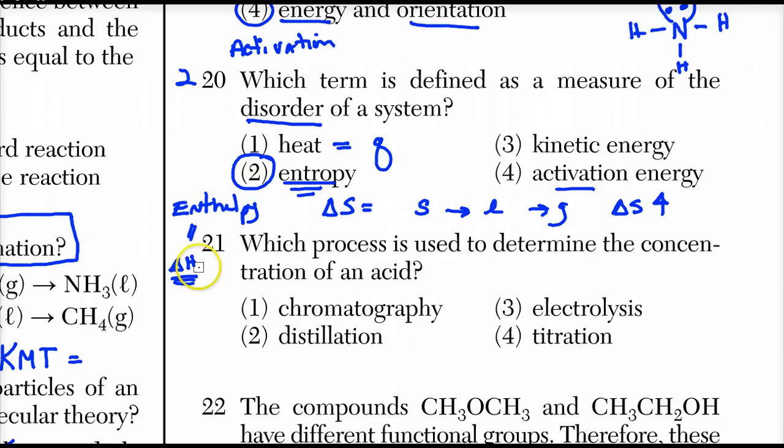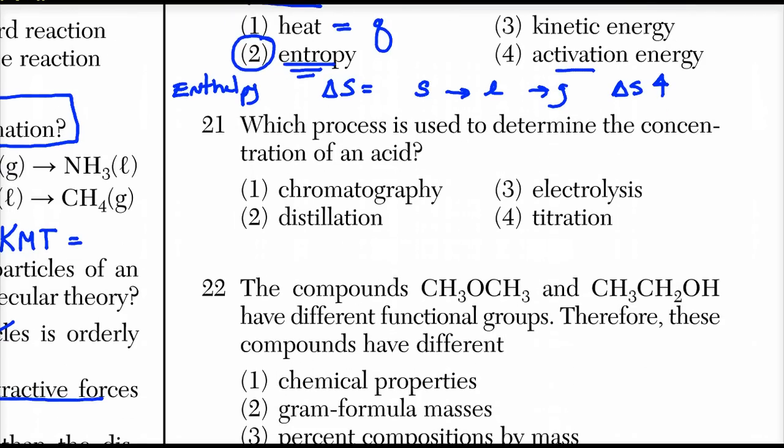So number 21, as we move on through the first part, which process is used to determine the concentration of an acid? So these are all forms of laboratory techniques that you should be aware of. Let's start with distillation. Distillation is where we take a mixture of liquids and we separate them based on their individual properties that they retain because they're not bonded.